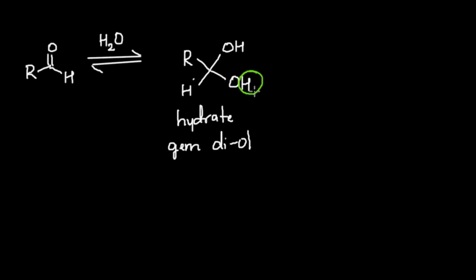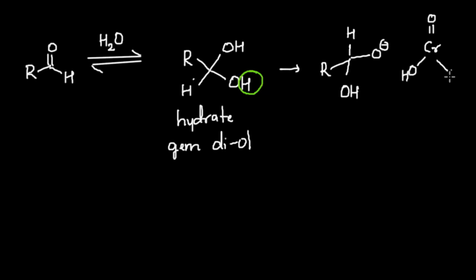So what we have is an alkoxide, and that is going to attack the electron deficient chromium atom.